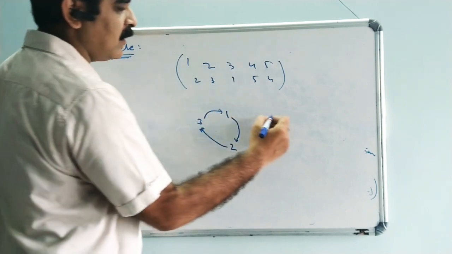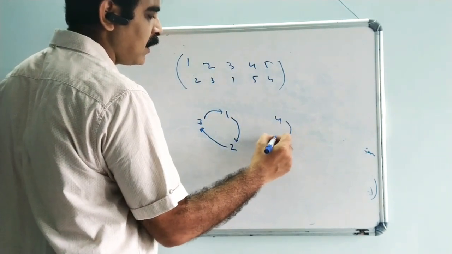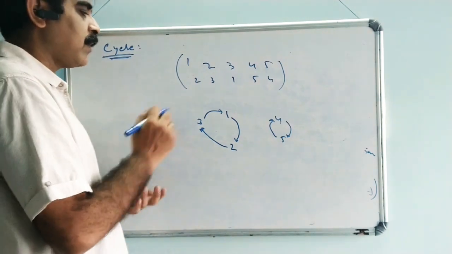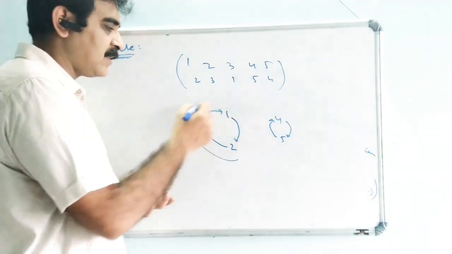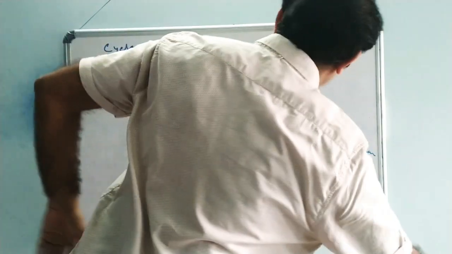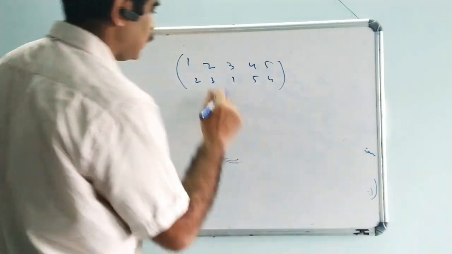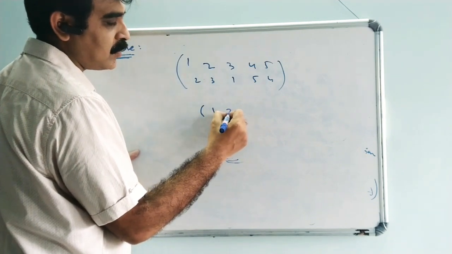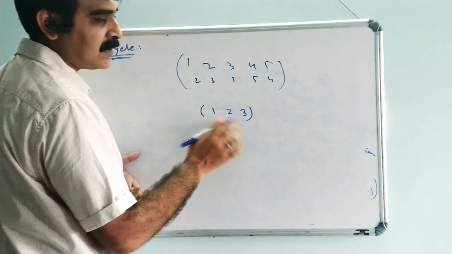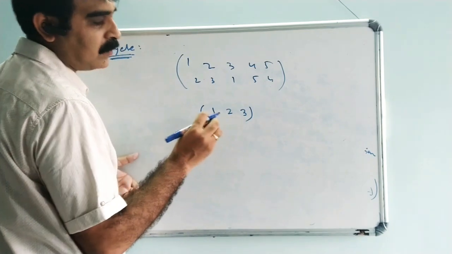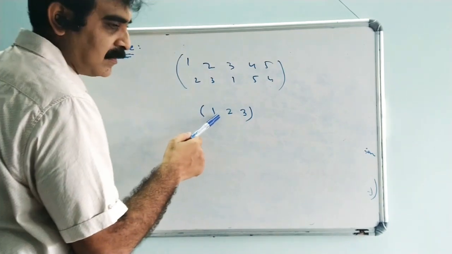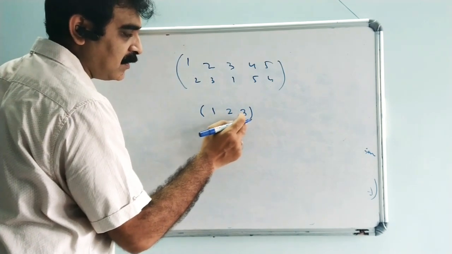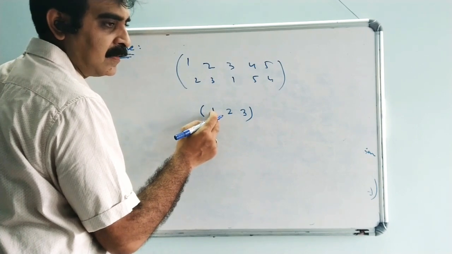And there is another cycle. 4 goes to 5, and 5 comes to 4 again. So these are the cycles of the permutation. We write the cycle like this. Suppose 1 goes to 2, 2 goes to 3. Cycle means the image of 1 is 2, the image of 2 is 3, and the image of 3 is again 1.